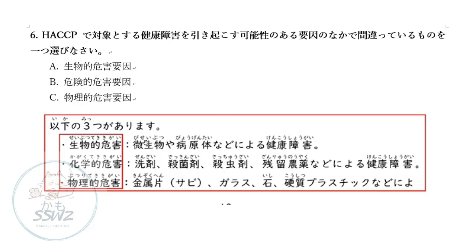It is about bacteria, virus, and so on, harmful bacteria. The second is Kagakuteki Kigai. It is about chemicals like detergent, disinfectant, pesticide, insecticide. The last is Butsuriteki Kigai. It contains metal, glass, stone, and plastic.